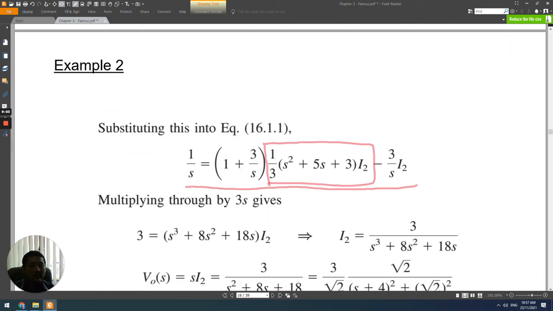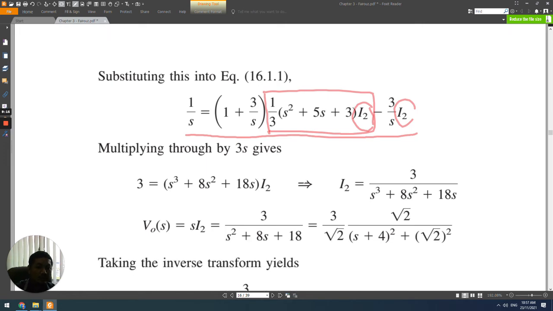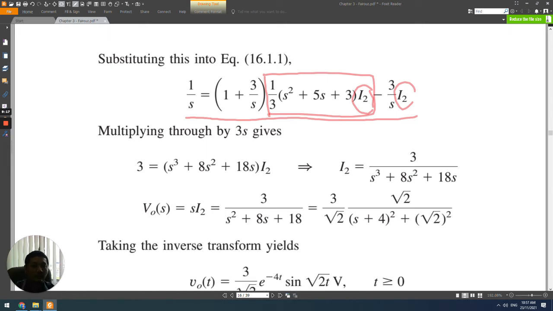Now we can see that the equation only has I2, so we can rearrange or reduce this equation to make it simpler. If we multiply this equation by 3S, then we can simplify everything to become this.